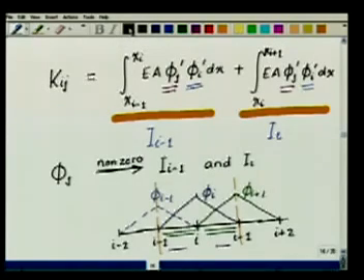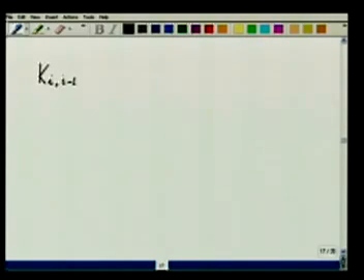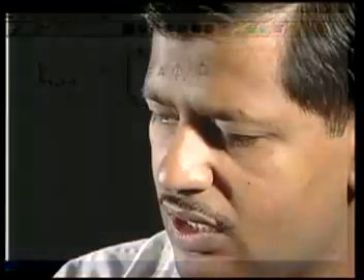To make things clear, for the ith equation, that is for the ith row, the I minus 1th column, k I, I minus 1, is going to be equal to the integral from x I minus 1 to x I of Ea phi I prime phi I minus 1 prime dx.